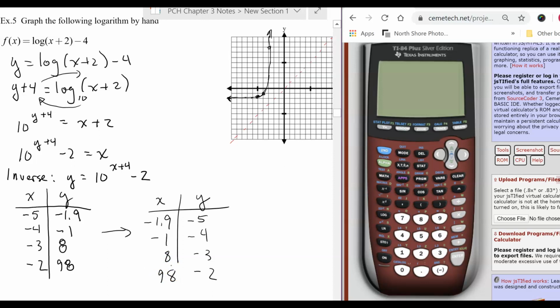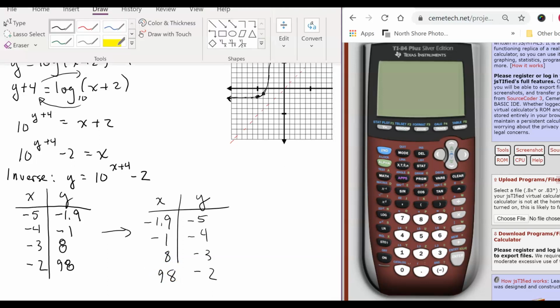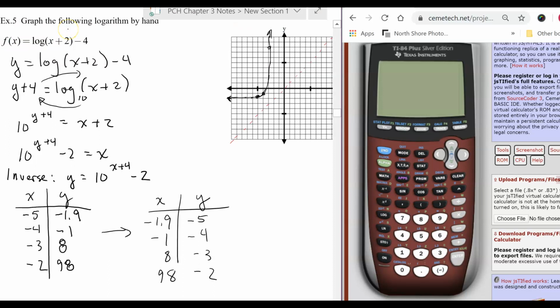So then when I go ahead and I graph these, so I have -1.9, -5, so somewhere around here, -1, -4, 8, -3, and we'll connect those with a smooth line again.